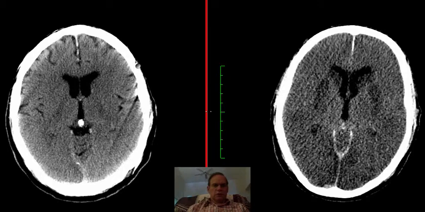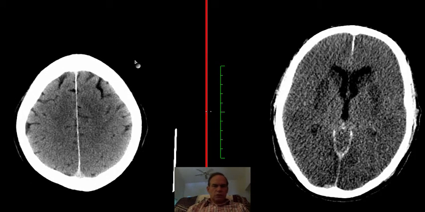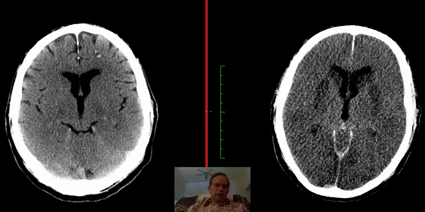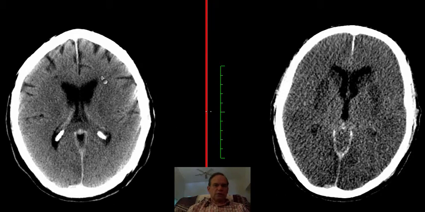Increase the contrast a little bit. A 78-year-old can have some low attenuation in the hemispheric white matter, which is a normal aging process.